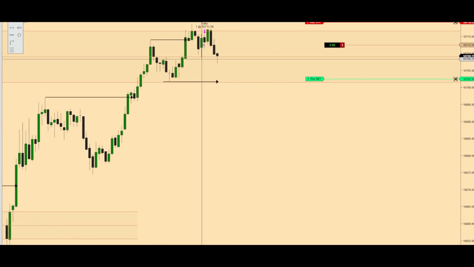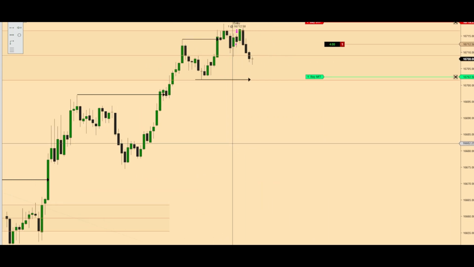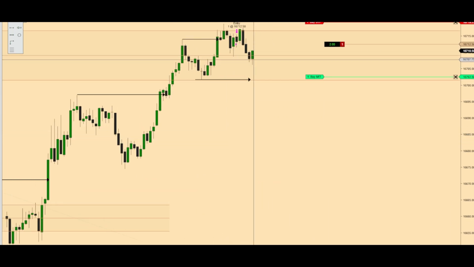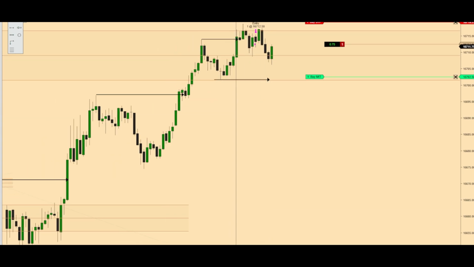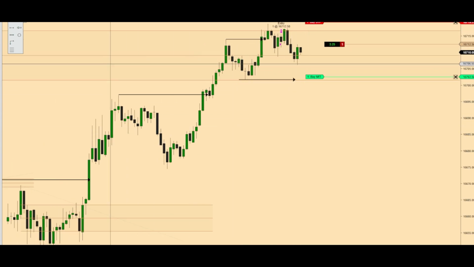And just like earlier, one of my plays is the sweep of this low right here. And so, do I stick with this current trade bias, or do I try to take the long, which is my more familiar setup? That depends on where I am. I'm in a 60-minute supply, that's for sure.